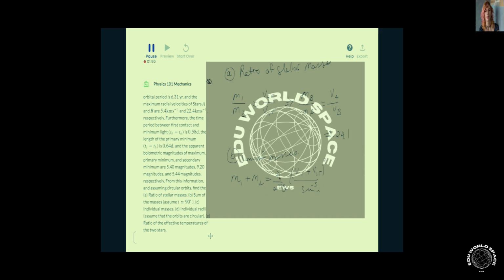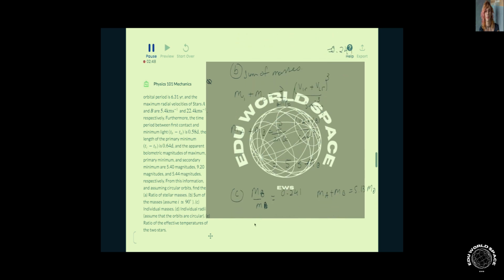So we get that ma plus mb equals p over 2 pi g times va plus vb cubed over sine cubed i. So we literally just plug in the values that are given, and we know that we have our constants, and I get an answer of about 5.13 times the mass of the sun.